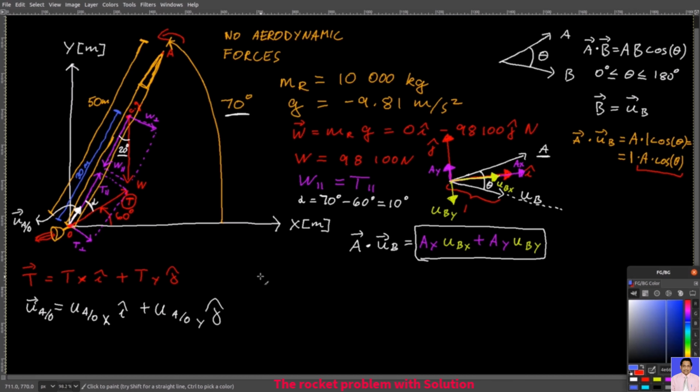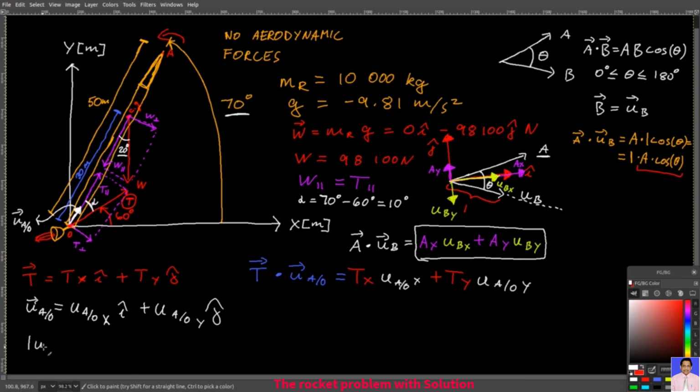And now what will you get when you have T dot this general unit vector? You will have Tx times the x component of the general unit vector plus Ty times the y component of the general unit vector.